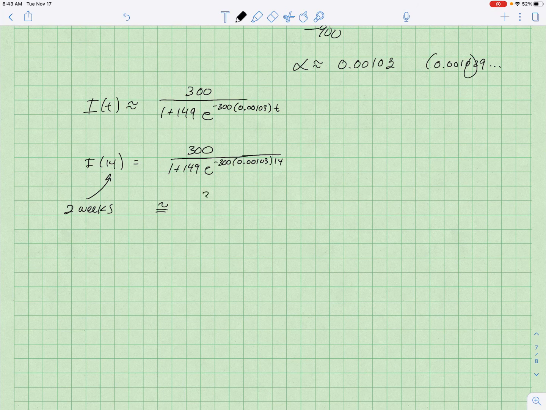So this is approximately 300 over about 2.97 if I round. Let's keep going to 5 decimal places: 2.96982. So 300 divided by 2.96982 is about 101 infected.